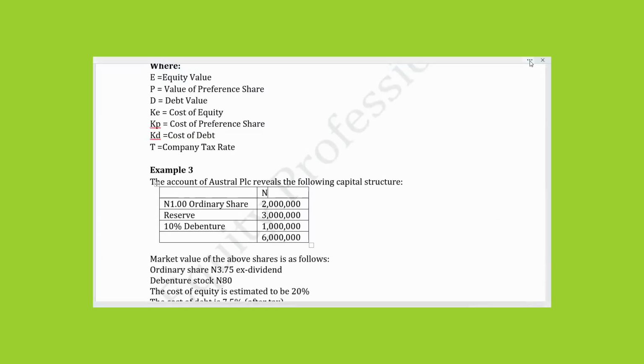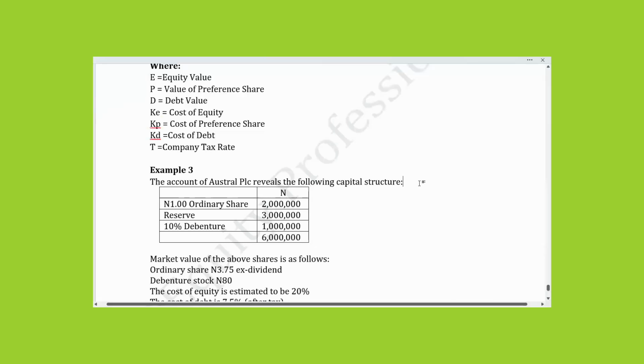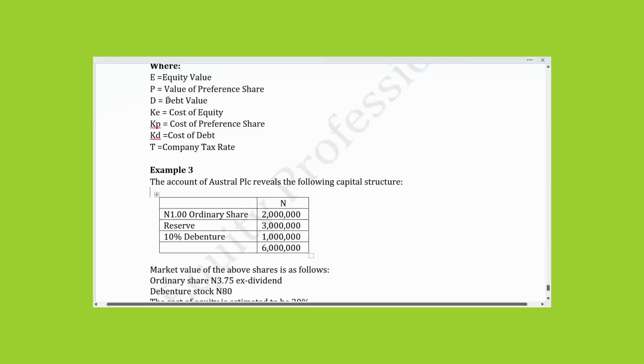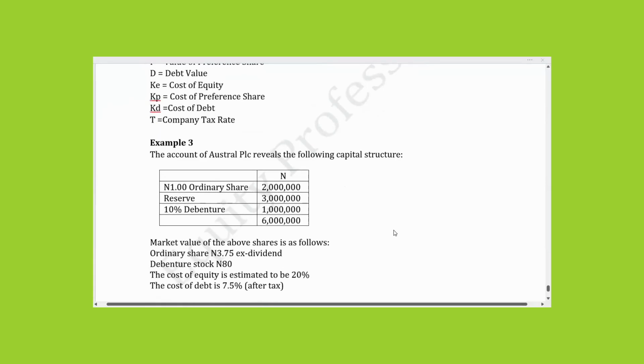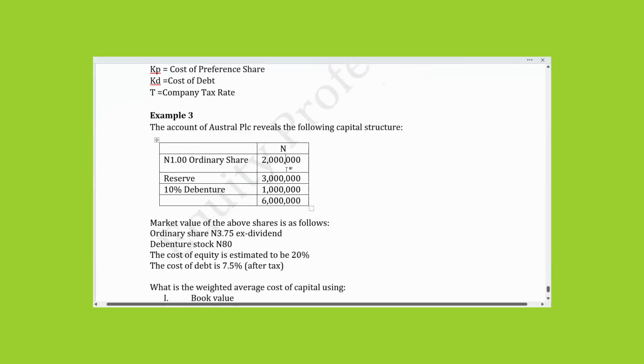So who will help us to read this question quickly? The accounts of Ostra PLC reviews the following capital structure. 1 naira ordinary shares, 2 million naira. Market value of the above shares is as follows.